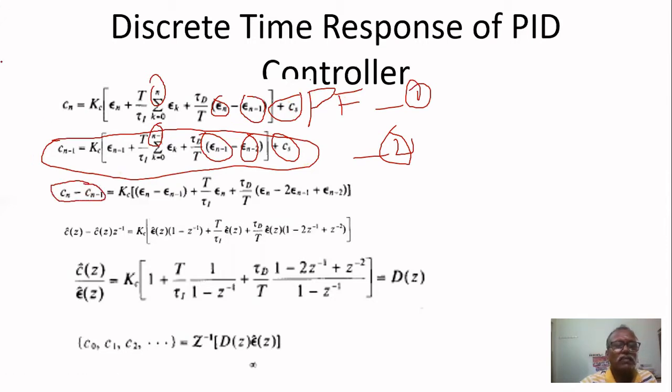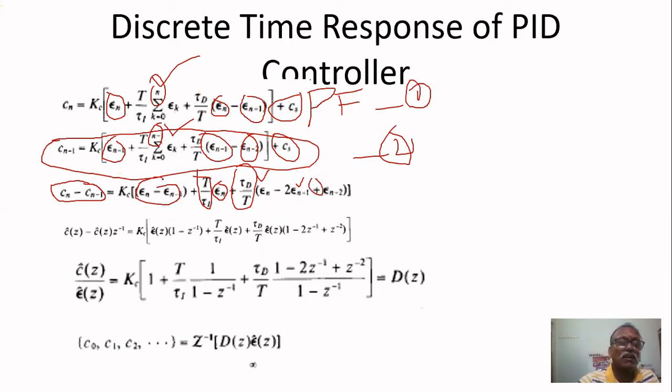On the right hand side Kc is common, and you subtract E n minus 1 from E n. Plus T by Ti is common. This is integrated up to n, this is integrated up to n minus 1. Therefore, the difference is only the last term. That's why that alone E of n came. Here Td by T is common. Here E of n is there, E of n minus 1 is there, and here another E of n minus 1 is there. That's why it becomes 2. This is minus E of n minus 2, because of the minus, it becomes plus.